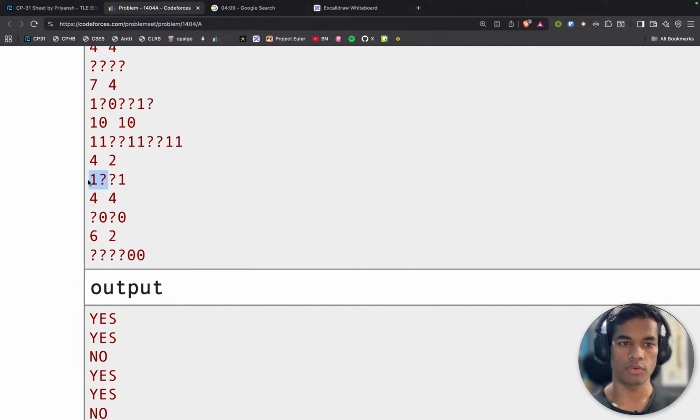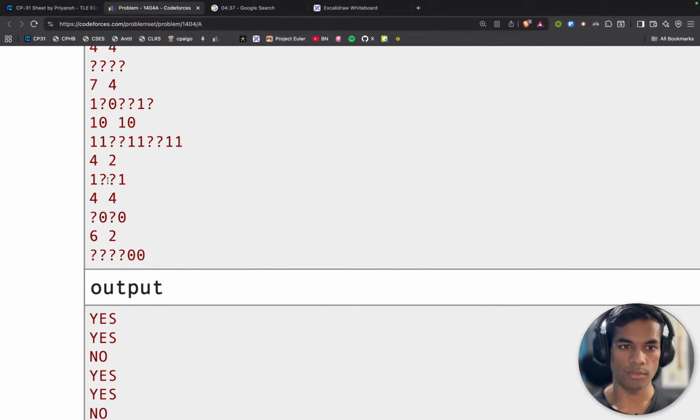Since the number of zeros and ones is different, I have to change one of the question marks, which is the only question mark I have here, to be equal to 0. And that is good. So the number of ones and zeros would become 1 each, and the number of question marks would go down to 0.